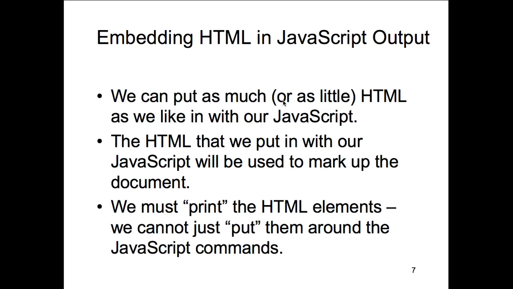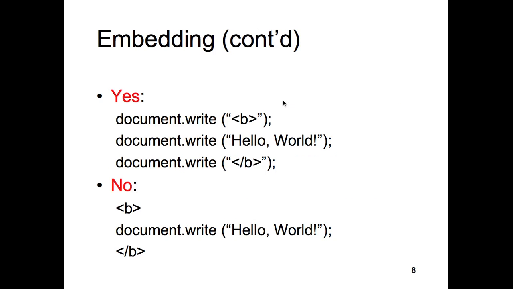And you must print the HTML elements. So we cannot just put them around JavaScript commands. We actually have to write them or print them to the screen to see it work. So here's some examples where we have document write with a B for bold, document write hello world, document write closing tag for B for bold.